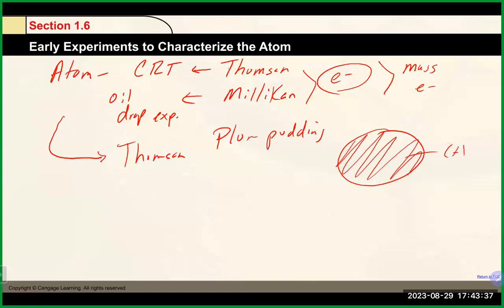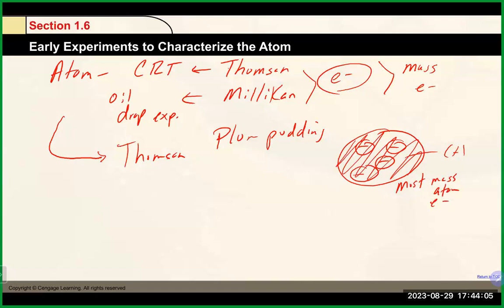It was believed, obviously, because electrons were present, that it has to contain something positive to balance out that negative charge. So we have that positive charge spread out all over the atom, with the electrons basically embedded inside. And the idea here was that most of the mass of the atom was made up of those electrons.